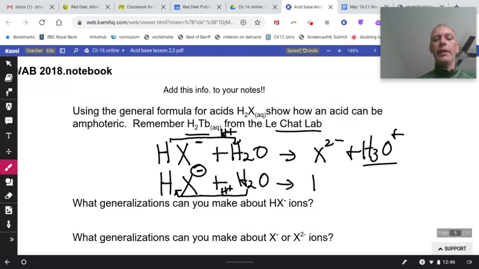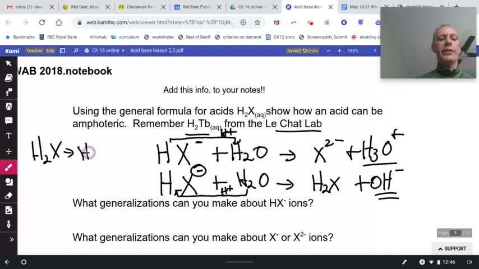So it becomes H2X and hydroxide, which is why it's acting as a base. It's creating a basic solution. So H2X can go to HX-, which can go to X2-, and this is the amphoteric one. Here we have strictly an acid, and here we have strictly a base, and in the middle we have an acid-base combo. It can do both.